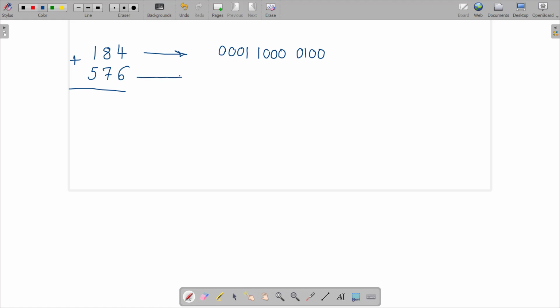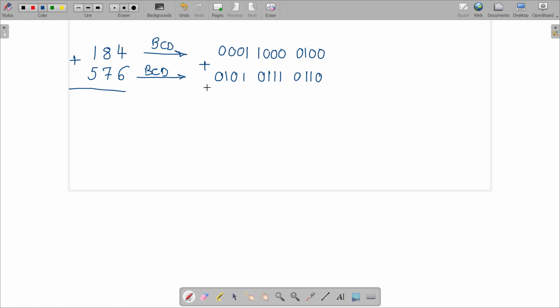Now what is the corresponding BCD of the 576? In the case of the 5, I have 0, 1, 0, 1. For the 7, I have 0, 1, 1, 1. And for the 6, I have 0, 1, 1, 0.